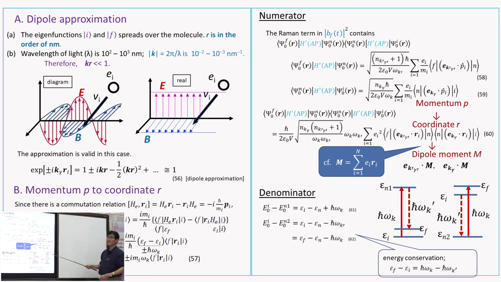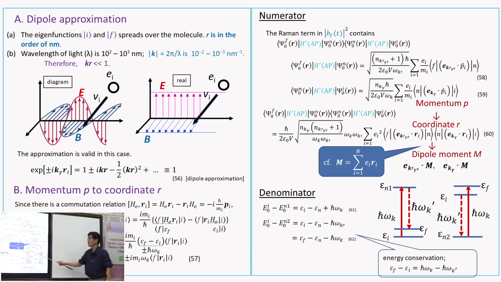And further, the coordinate R can be replaced with dipole moment m. You know, dipole moment m is defined as a sum of the charge of i-th particles and coordinate of i-th particles.